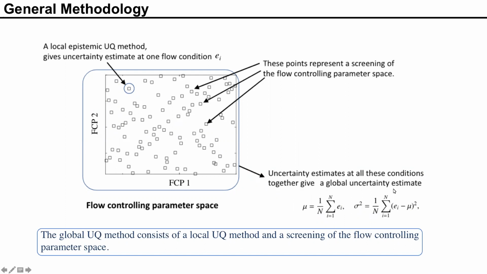And this is a lot of information. To compile this information, we will take a look at two statistics: the mean of those sensitivities, EI here, and the standard deviation of those sensitivity estimates. In all, a global UQ method consists of a local UQ method and a screening of the flow controlling parameter space.